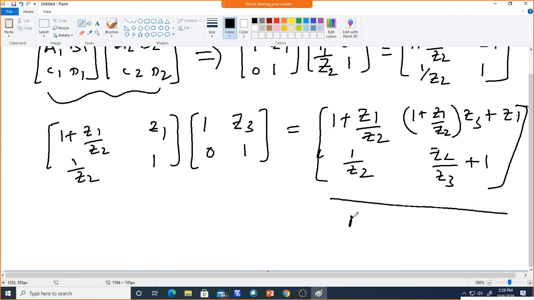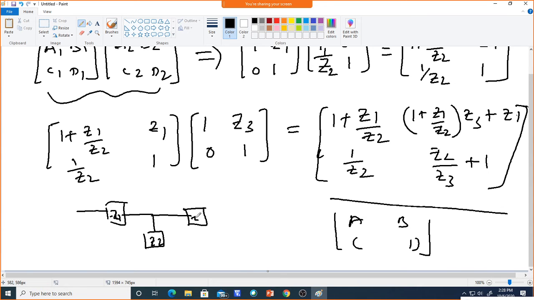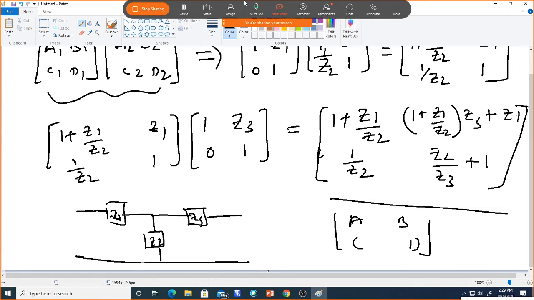So this is the total resultant ABCD matrix of this network. Okay, so this one Z1, which is Z2, and here it is Z3. Are you getting it? Anybody who didn't get it, anybody who got a different result?